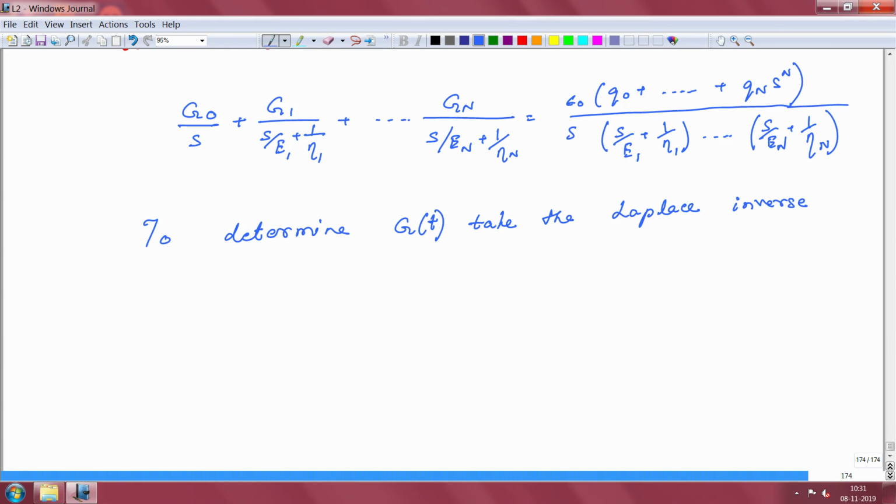And when you do the Laplace inverse, it becomes, the first one is g naught by s, so that will simply be g naught, and in each of the other cases you will have g 1 multiplied by an exponential function, and the exponential function will be such that it will be t by eta 1 by E 1, right, and all the way till g n.